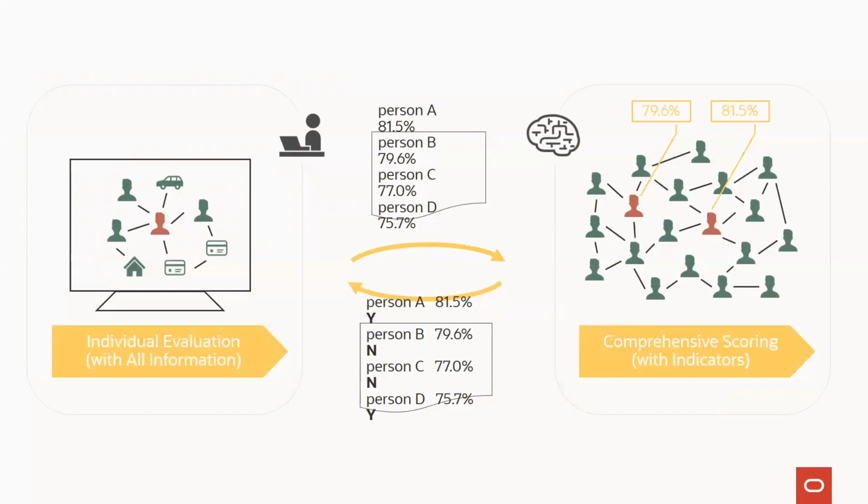And on the right hand side, we have the competency scoring with indicators, which can leverage the machine learning models in the background and can identify how the various relations between people influence individuals to commit something which is fraudulent in nature, and how it can be visualized and stopped for the future as well.